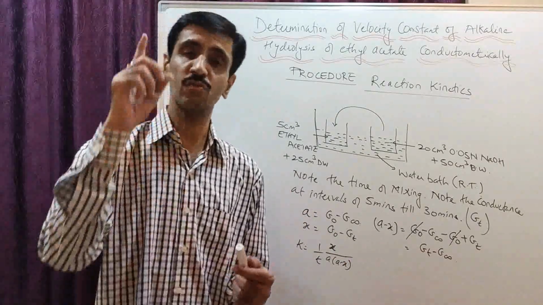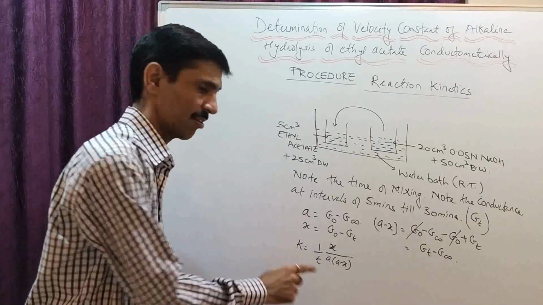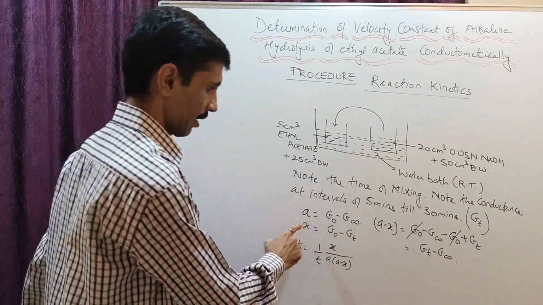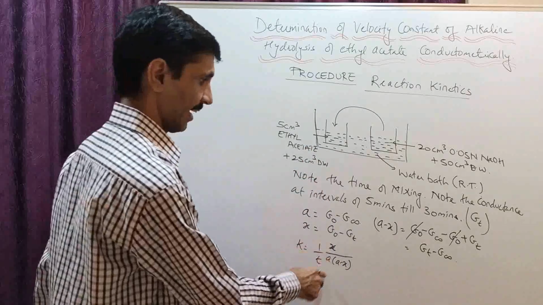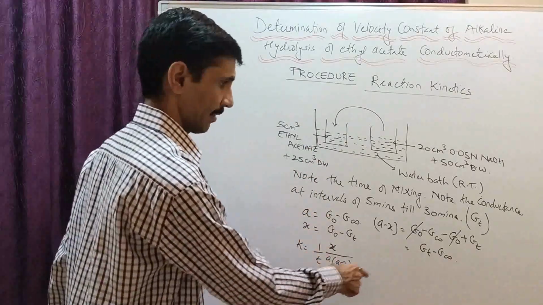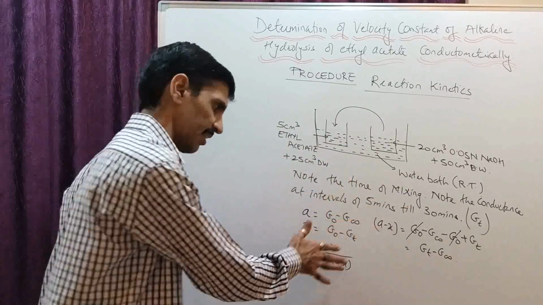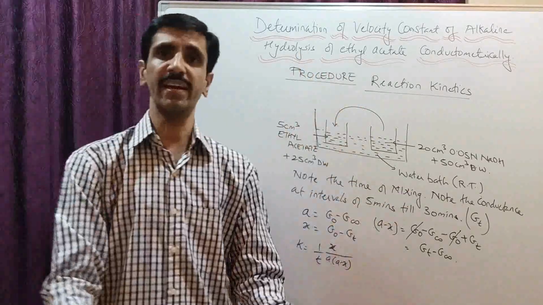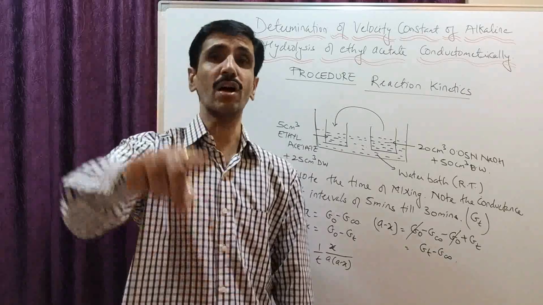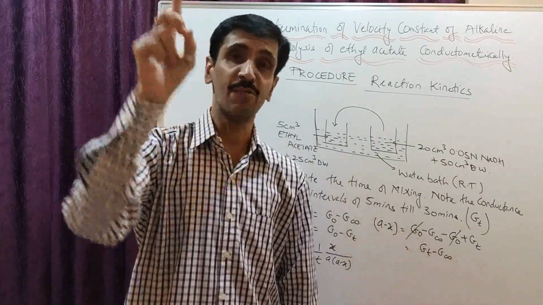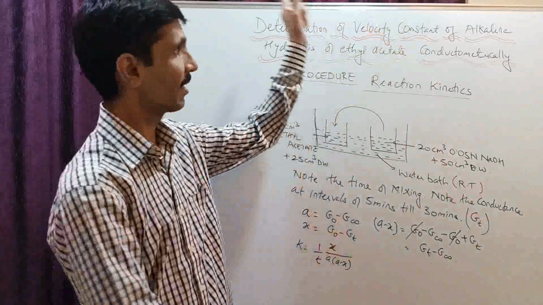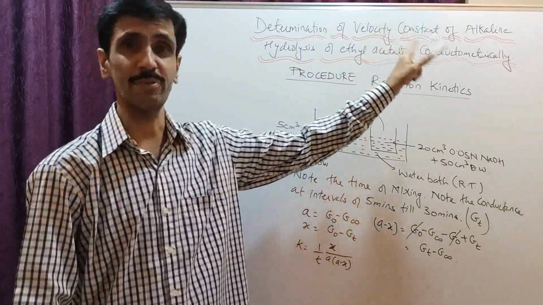My dear friends, this is the formula for the rate constant for the second order reaction. I have already written x, a and a minus x. Just substitute these values and you get the specific reaction constant, or velocity constant, for the alkaline hydrolysis of ethyl acetate.